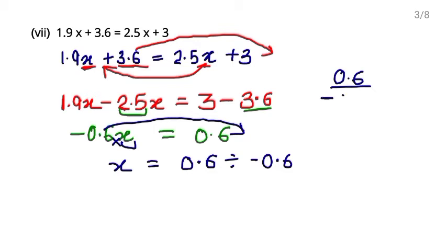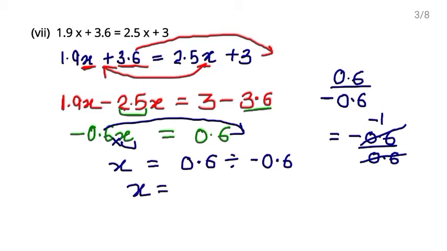So you can write it in the denominator because that also means we are dividing it. This is also equal to minus 0.6 divided by 0.6. We are dividing similar values. 0.6 by 0.6, so 0.6 ones are 0.6. So what you are getting is 1 of minus sign. So x is equal to minus 1.